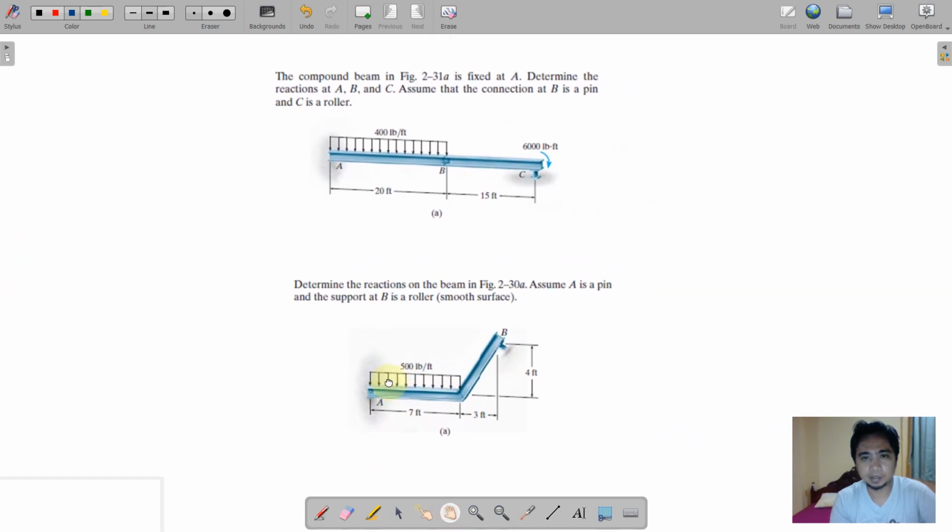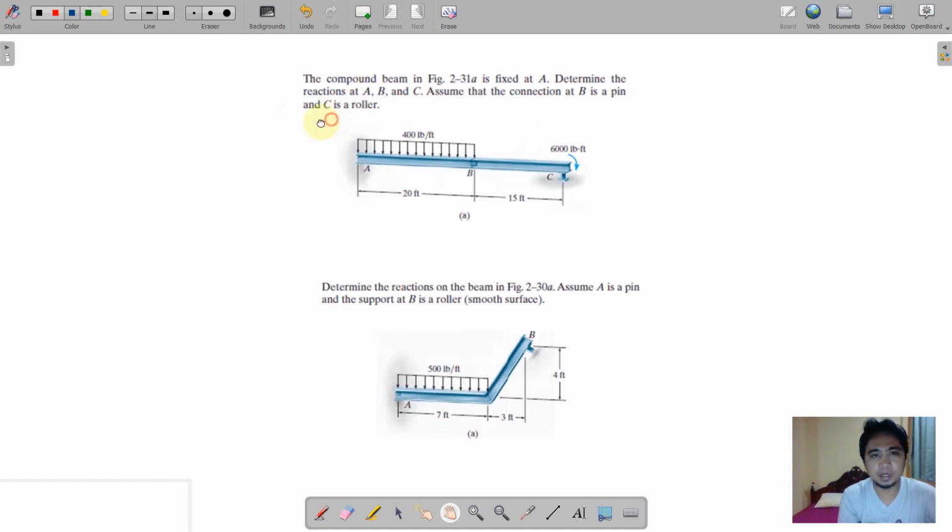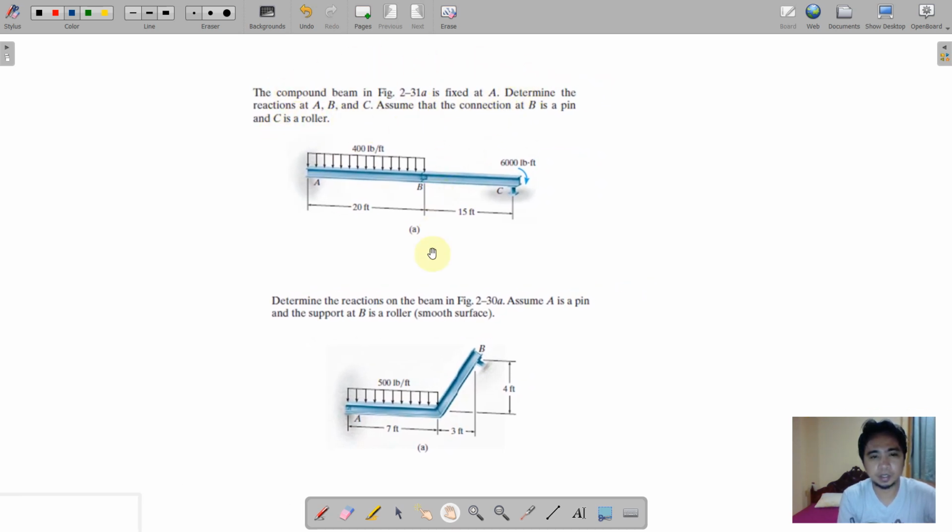For your practice. Okay, so have a glimpse on that problem. And then practice. By the way, this is a fixed end, ano? Sa A. That is a fixed end. And B is pin connected. So just absorb or regard these notes here. Okay?